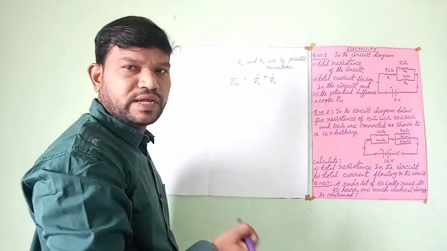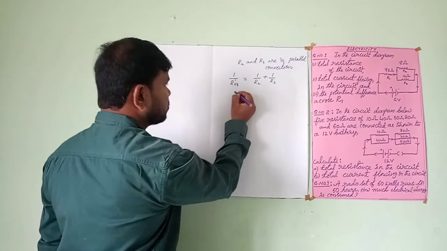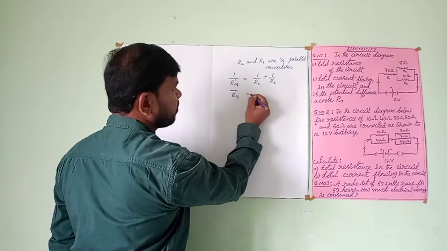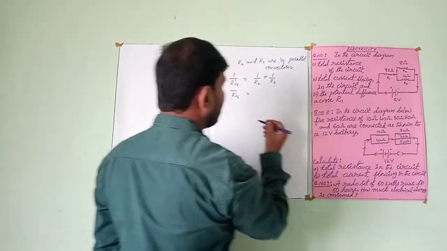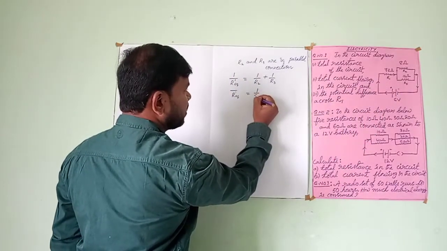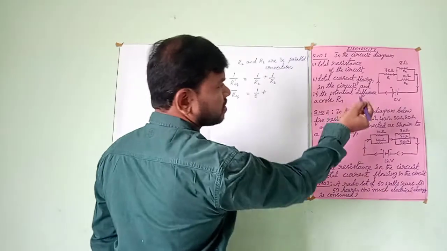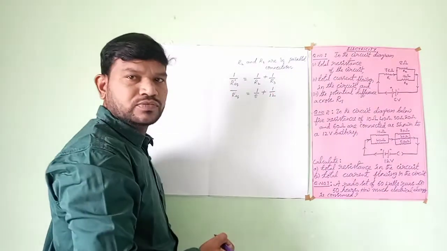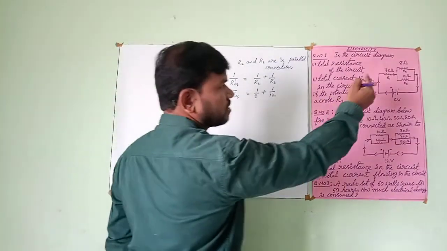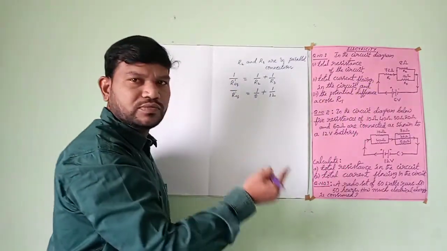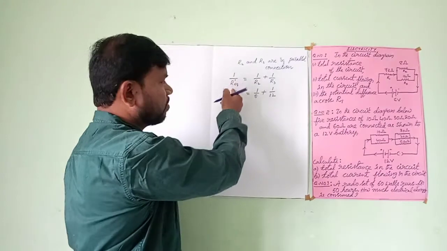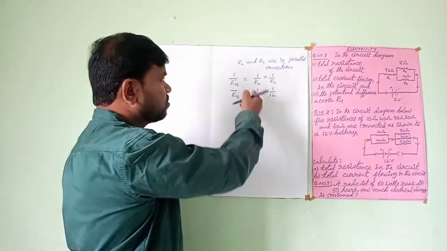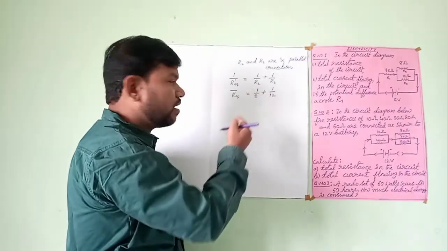R2 is given as 8 ohms, so 1 by 8, plus R3 is 12 ohms, so 1 by 12. Because they are in parallel, I have substituted the values of R2 and R3.